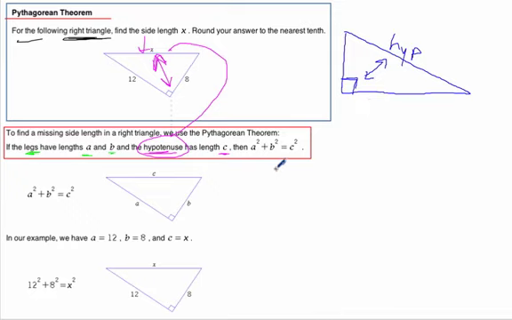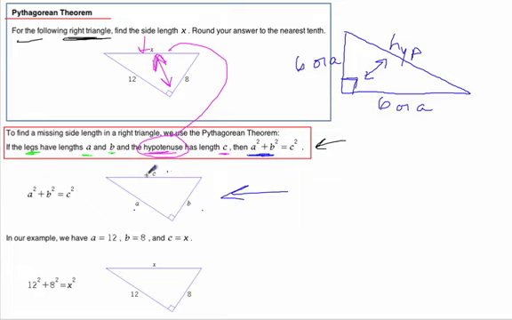That's always and forever. So that will always be represented by C in this equation. The other two are always going to be legs, and it doesn't matter which is which. This can be A or B, or you can say this could be B, this could be A. It doesn't matter because they're both legs and they just go on this side of the equation. So here's the graphic. Okay, A squared plus B squared equals C squared.